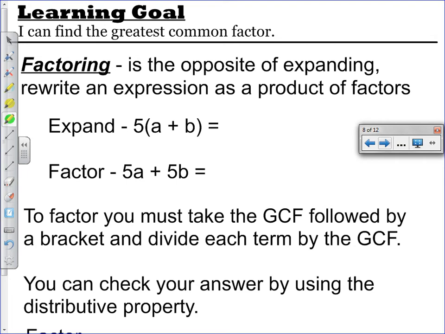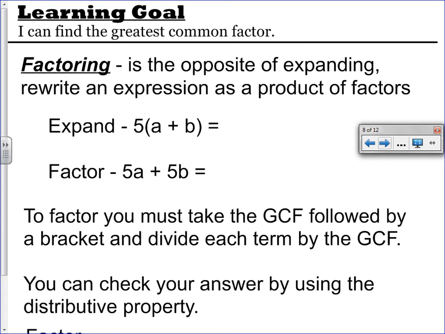So when we factor, we know how to find the greatest common factor. Factoring is the opposite of what we have done these last couple days. These last couple days we've been expanding, which is another way of saying we've used the distributive property. So this is expanding.